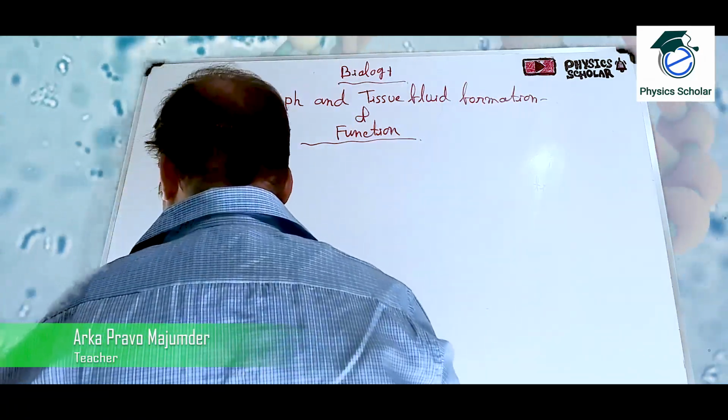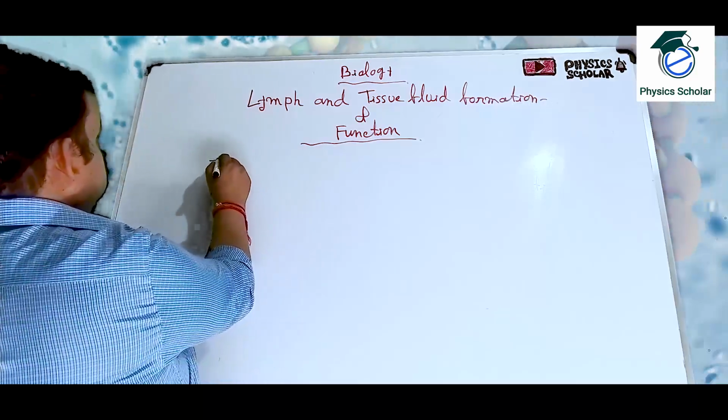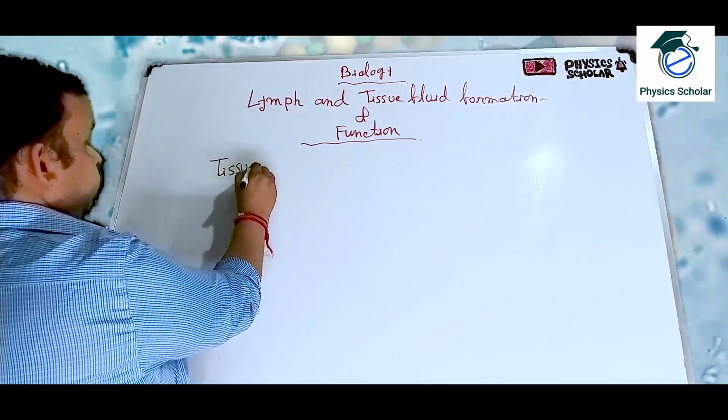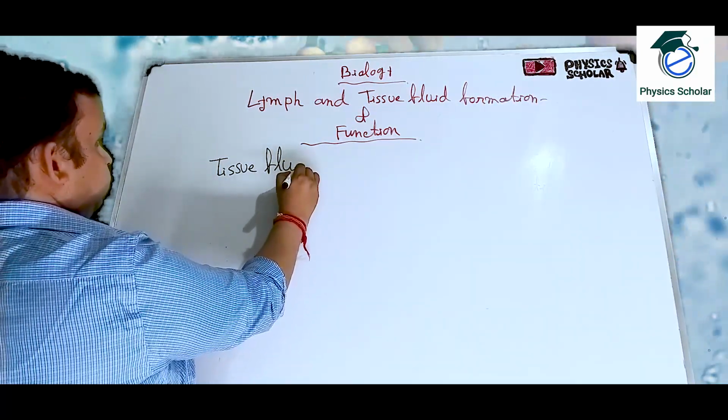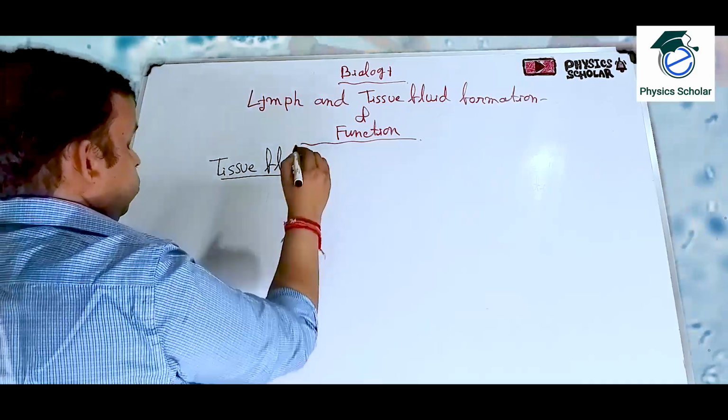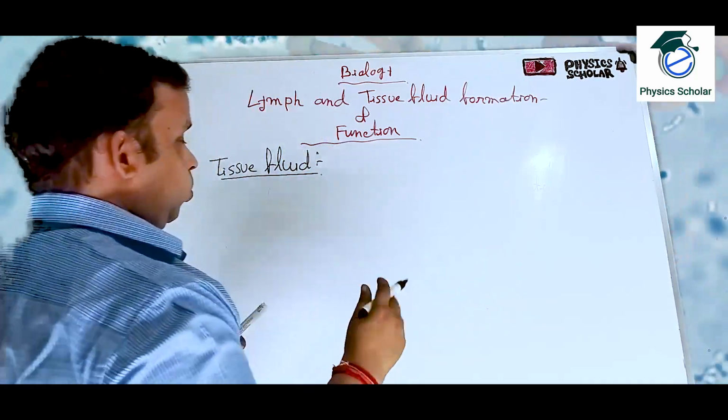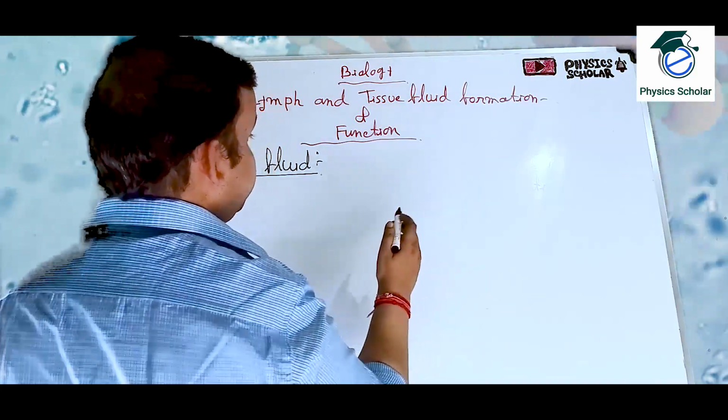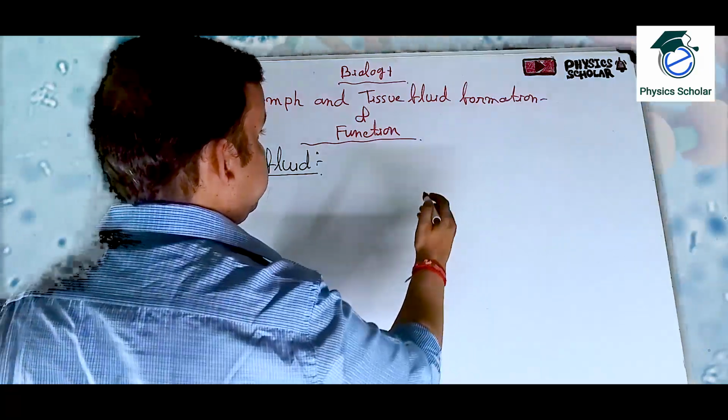So first let us start with tissue fluid. What is tissue fluid? Our body consists of cells and tissues. The combination of cells is known as tissues.